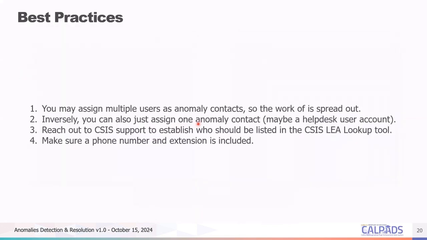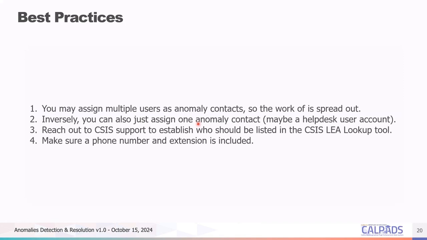All right, so here are some best practices with the anomaly contact. Number one, you may assign multiple users as anomaly contacts to spread out the work. If you are a big district and you want your school secretaries to manage the anomalies, because of course they have easier access and knowledge of all of the students at their site, then you can assign that role to them.